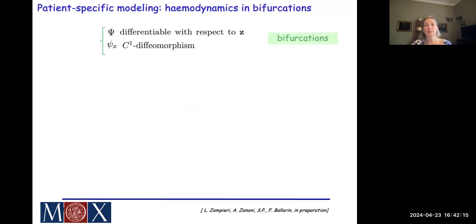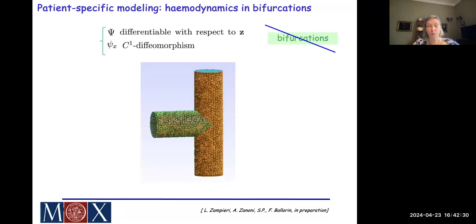This means that certain configurations which are recurrent, for instance, in the hemodynamic modeling, such as bifurcation, are by definition excluded by these requirements. So what we are proposing in this paper that we are finalizing is to, in some sense, exploit high mode where it is possible to do that, which means before the bifurcation, for instance.